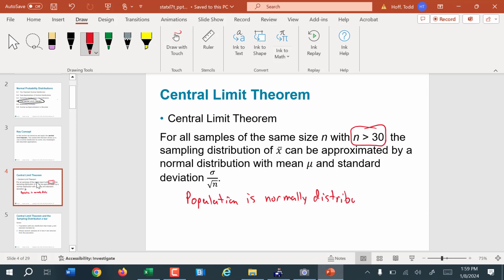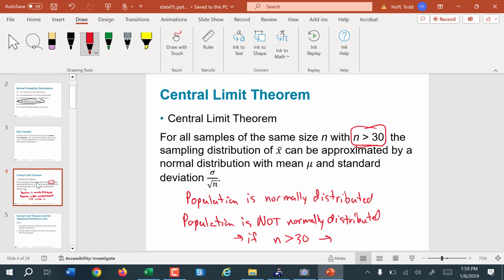But what this is saying is that even if the population is not normally distributed, if we take a large enough sample, and it's commonly accepted that that sample size has to be greater than or equal to 30, in this textbook saying greater than 30, which is fine, the sampling distribution is still normally distributed.